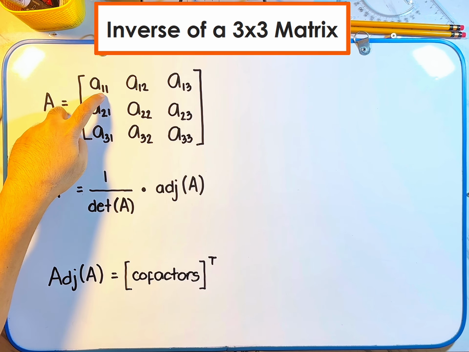So 3 times 1 is 3. Minus 0 times 2 is 0. We have 3. Next, third row, second column, we have these 4 elements. 3 times negative 2 is negative 6. 2 times 2 is 4. Negative 6 minus 4, that's negative 10.